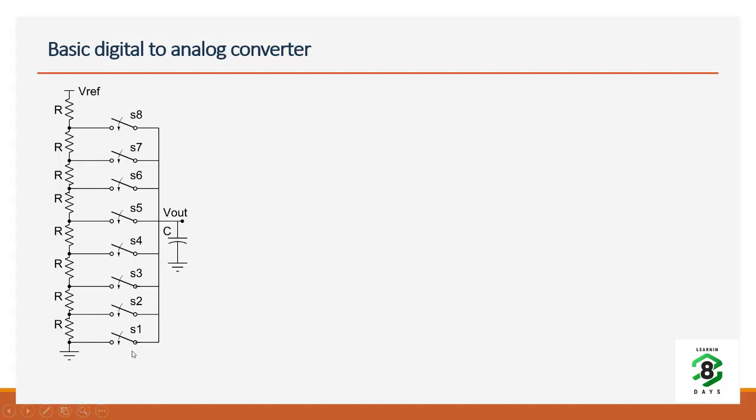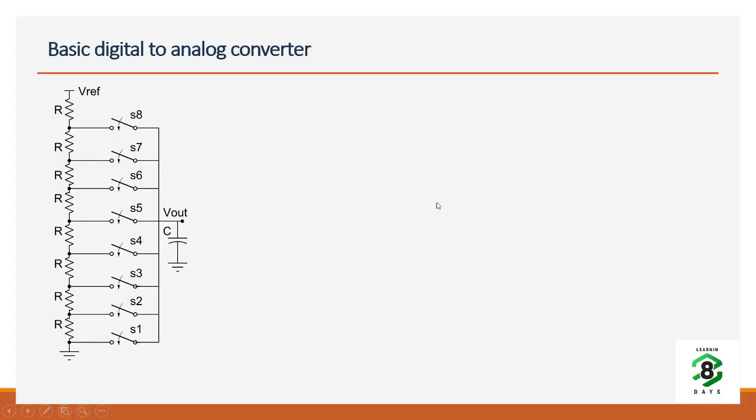So if you select switch 1, let's say I have a number input which can vary from 1 to 8, and if the number is 1, I select S1, that means the output is 0. If I select S2, the voltage at the first resistor junction gets selected and conveyed to the Vout, and so on. At a time I select only one switch.